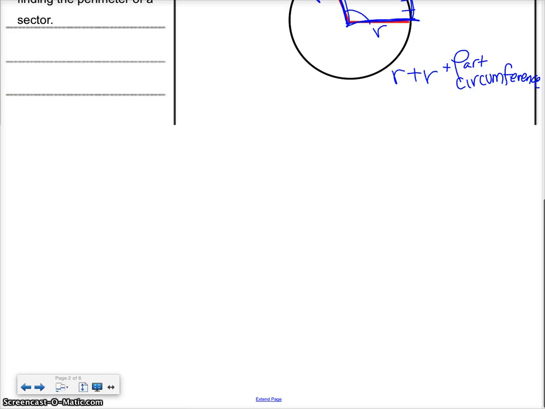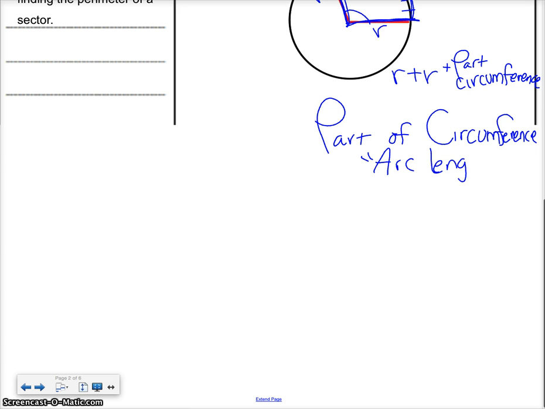So to figure out part of your circumference, also known as arc length, what you need to do is create a lovely proportion.